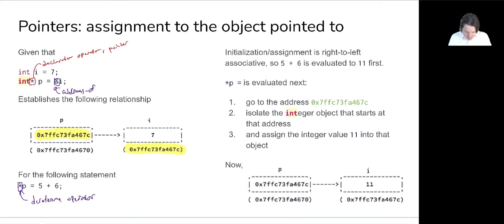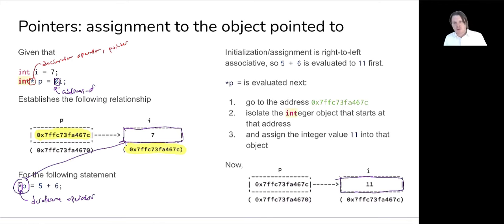That effectively returns this whole object. So at this point in the expression, asterisk P gives us I. We've indirectly accessed it. So at this point, 5 plus 6 evaluated to 11, and what gets put into I? The integer value of 11.